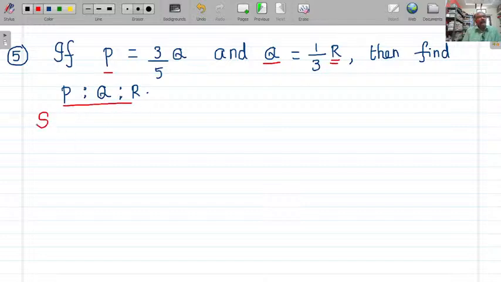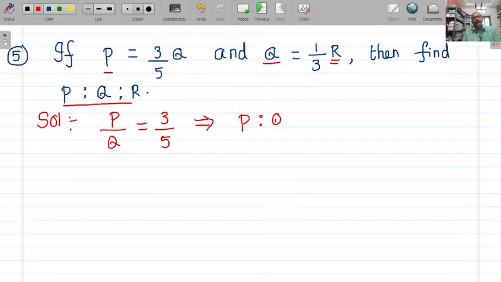So my dear students, here P by Q is nothing but 3 by 5. So that implies P is to Q is 3 is to 5. Clear? So Q by R equals 1 upon 3.